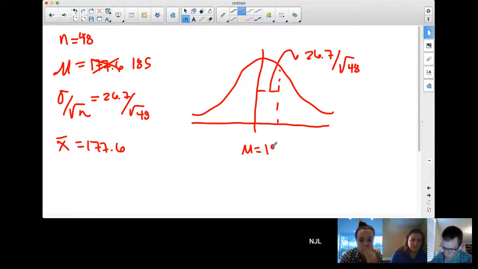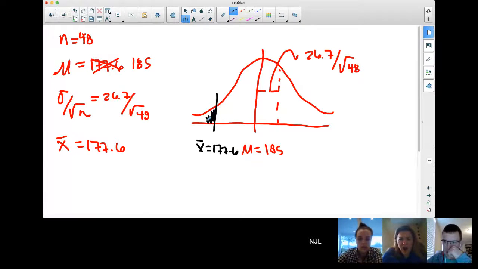So then it's saying, okay, somewhere down here there's an X bar of 177.6. And then here, extreme, and then come up here the matching extreme. That's what that means.